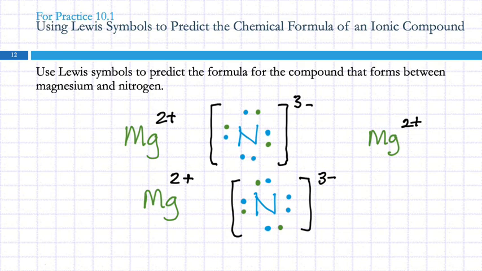So then the formula for the compound is 1, 2, 3 magnesiums, Mg3, and 2 nitrogens. That's the same result that we got from just looking at the charges and figuring out, well, how many do I need so that the charges add up to 0? But this is a better understanding of why that's happening. Any questions?